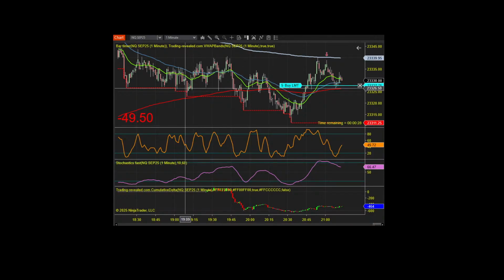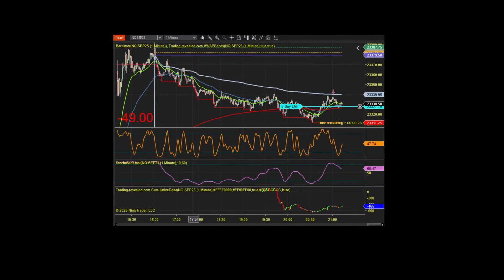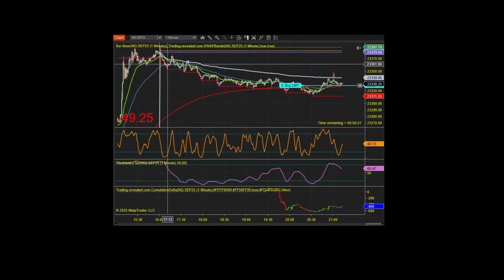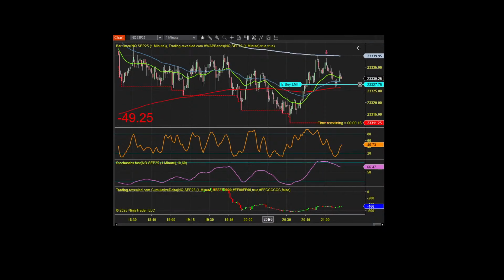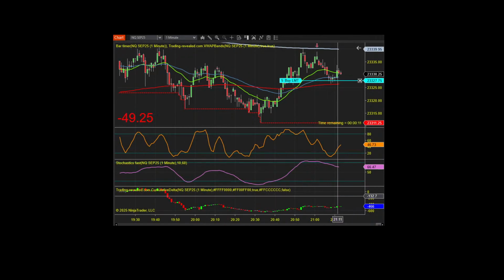Obviously, the overall trend is down. If you look in this 1 minute, you can see it's down. And looking at this delta, this is probably a stupid trade, but I'm gonna try it.